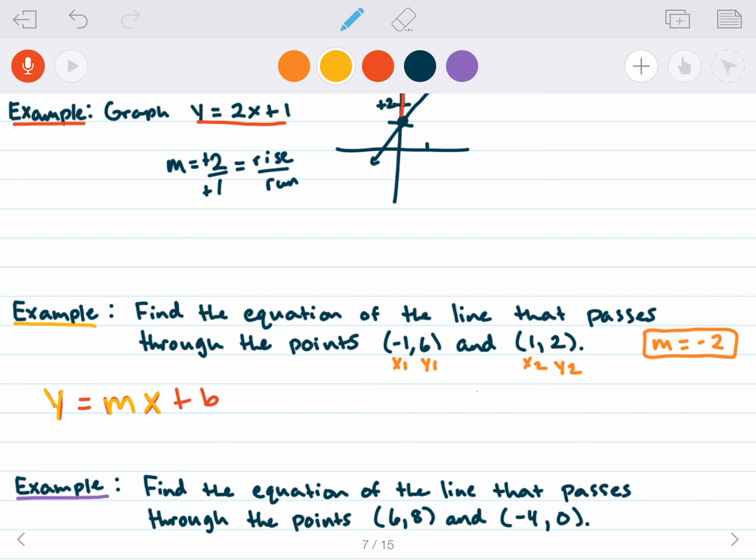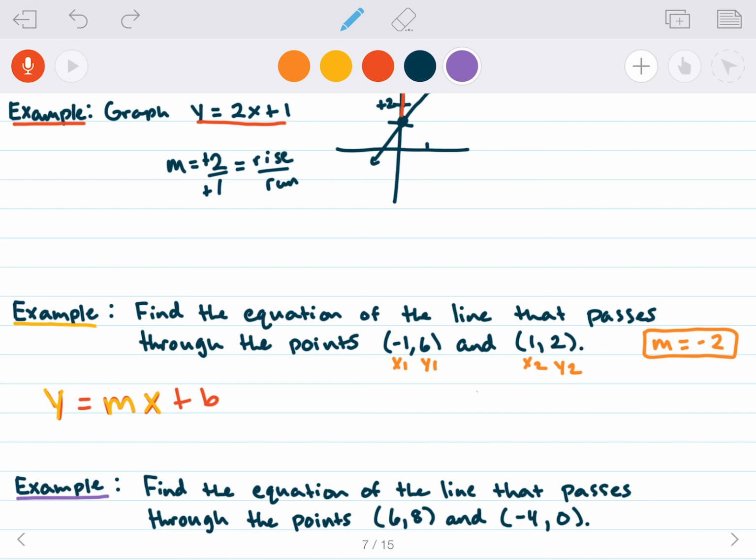Now we know what m is. For x and y, we can choose x is negative 1, y is 6, or we could choose x is 1, y is 2. Either one of those will work because it's an x comma y on the line. Either one works. I'm going to use the second one.